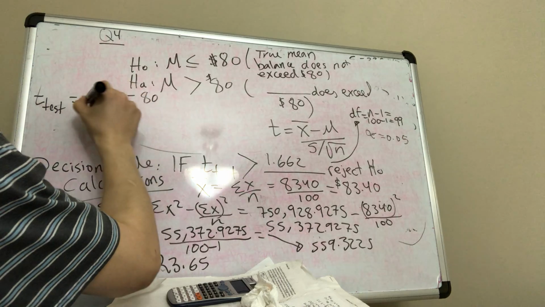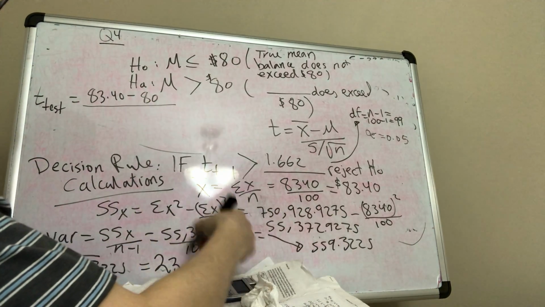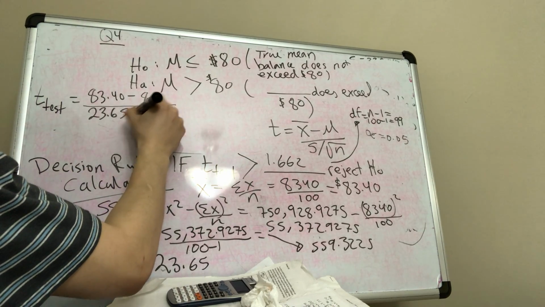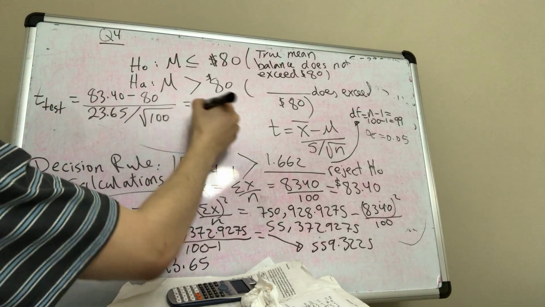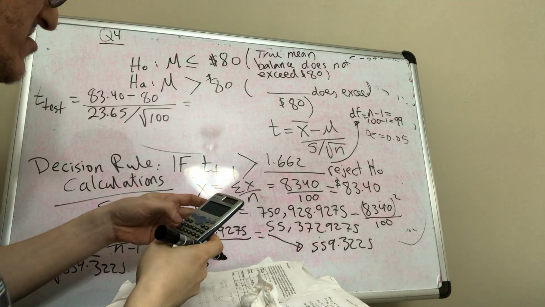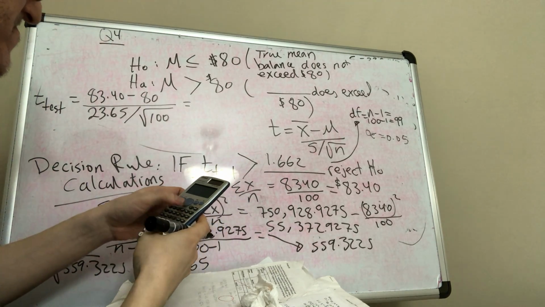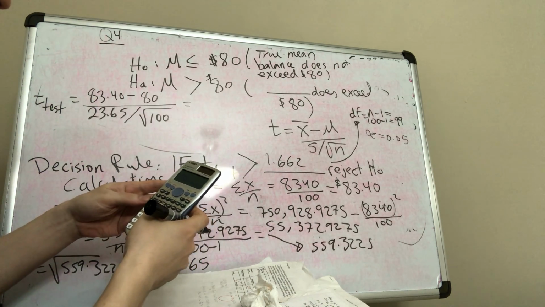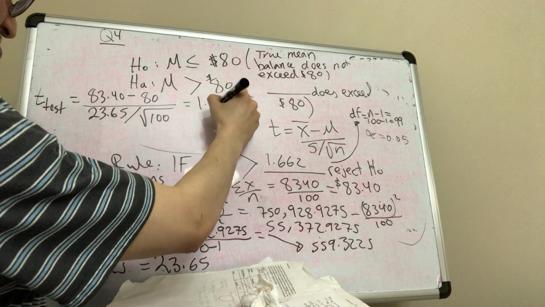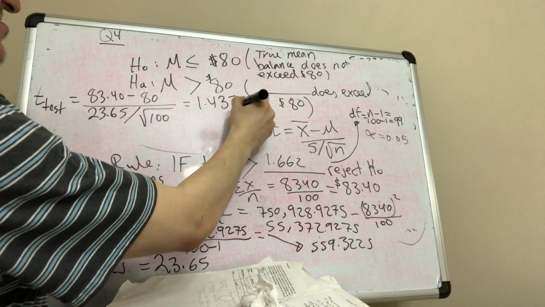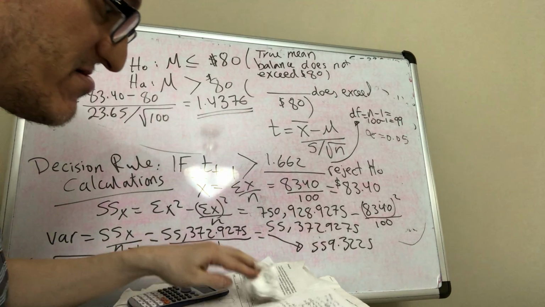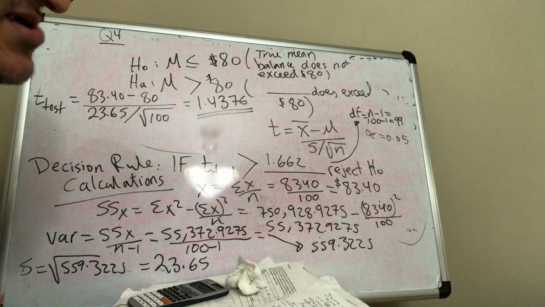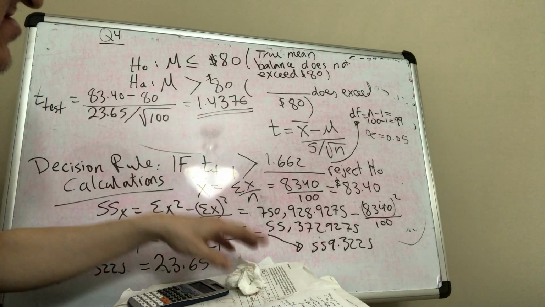Mu is 80. S is 23.65 over square root of 100. So we do the math. This gives you 1.4376. This is the number you get when you calculate your t, about 1.437.